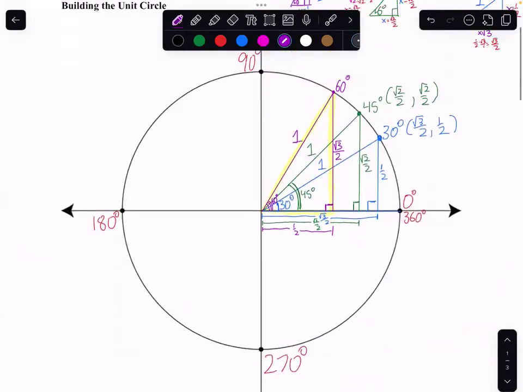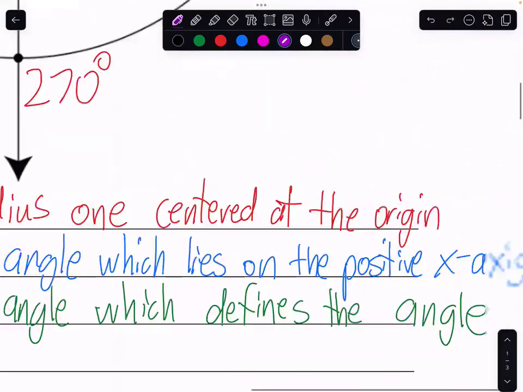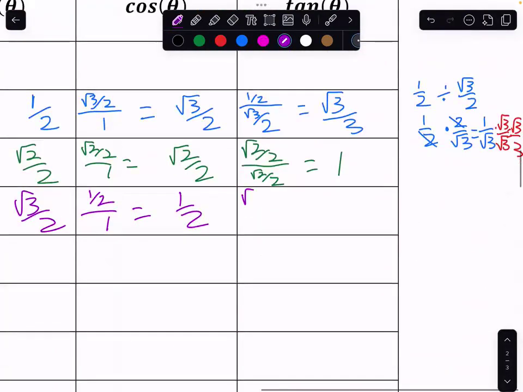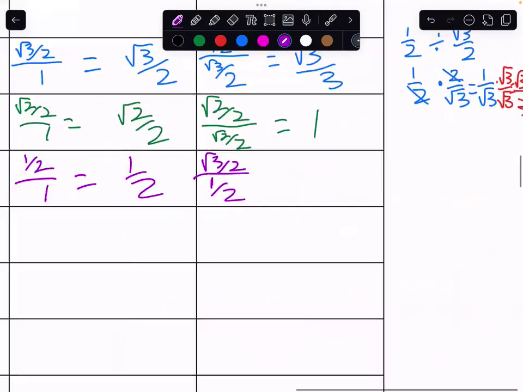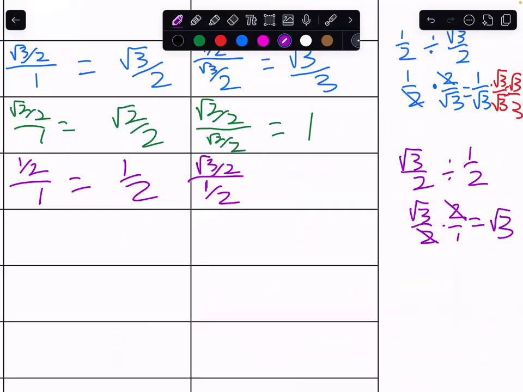And tangent will be opposite over adjacent. So radical 3 over 2 divided by 1/2. That one we probably need to do off to the side. To divide by 1/2, we can instead multiply by 2 over 1. The 2's reduce, and you just get radical 3.